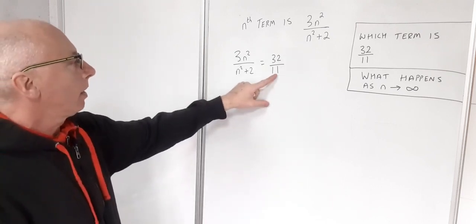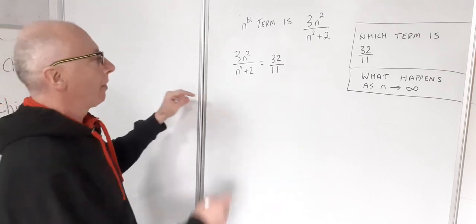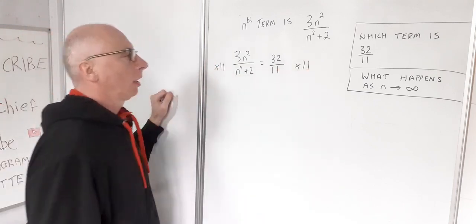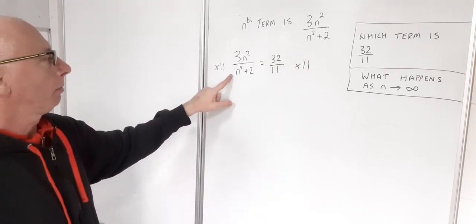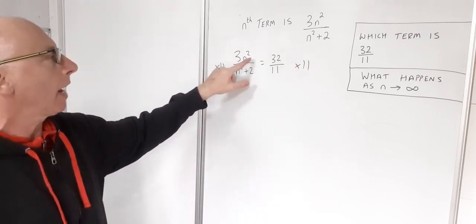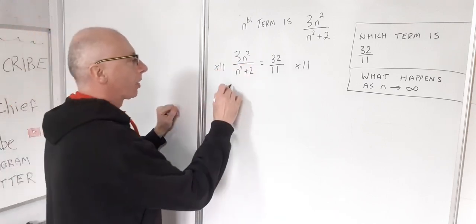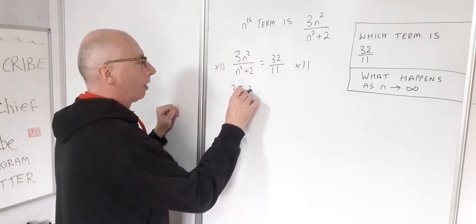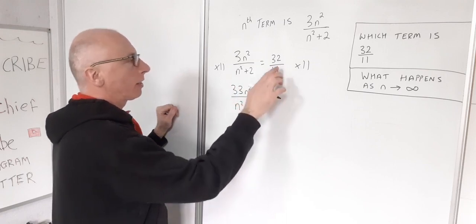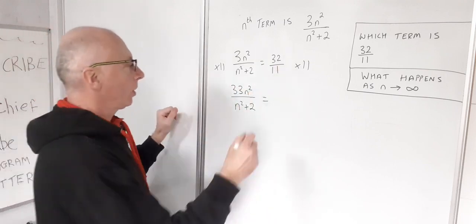So let's get both sides and multiply by 11. Multiply this one by 11, I'll have 33n squared in my numerator. n squared plus 2 will stay as it is. And then times this by 11, I'll just have 32.